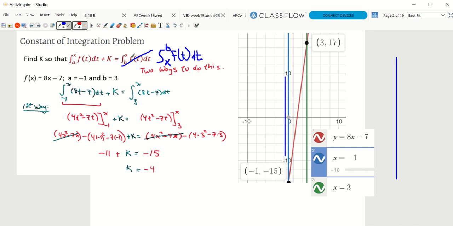I just switch the x and the b, and remember, if you switch the upper and lower bound, you have to switch the sign, and it goes from positive to negative. So now we have this equation right over here, which is equivalent to what it originally was.